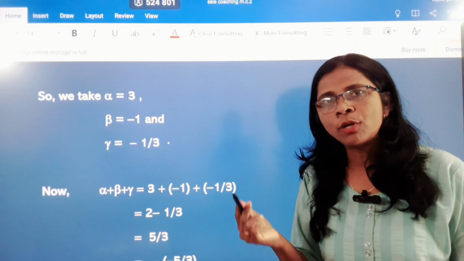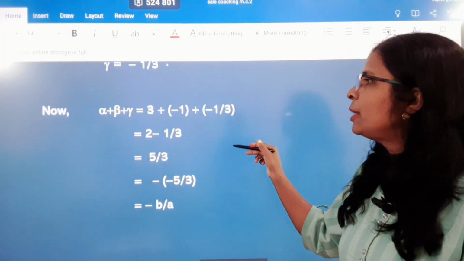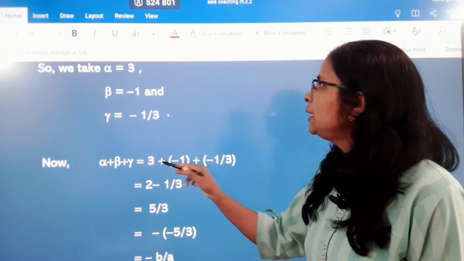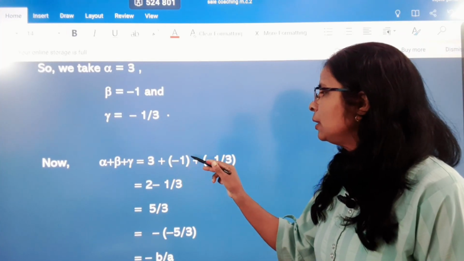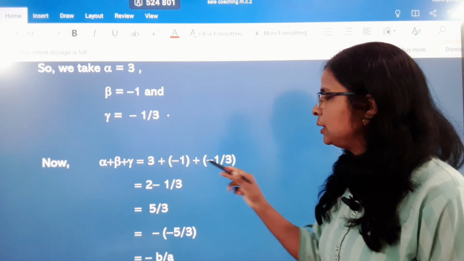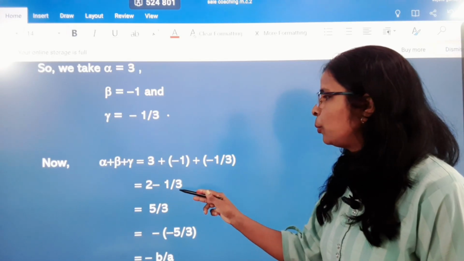So as per our formula for the cubic polynomial, alpha plus beta plus gamma is equal to 3 plus -1 plus -1 upon 3. That means 3 minus 1, 2 minus 1 upon 3.